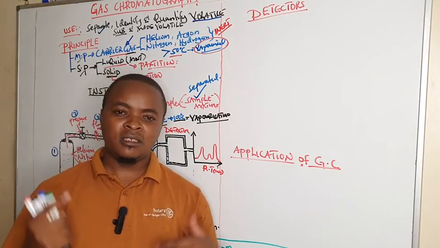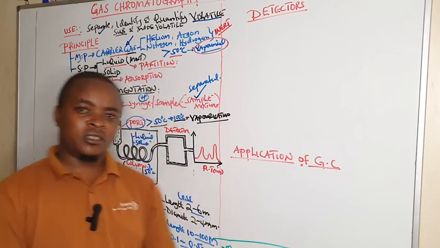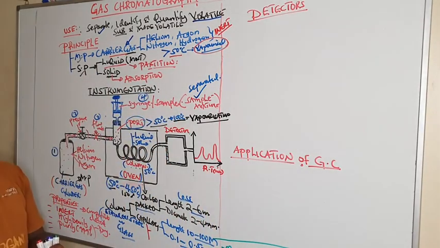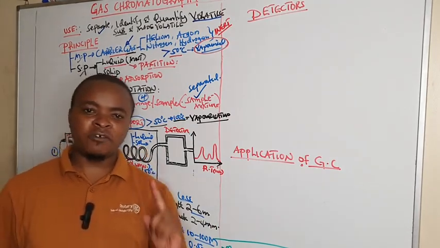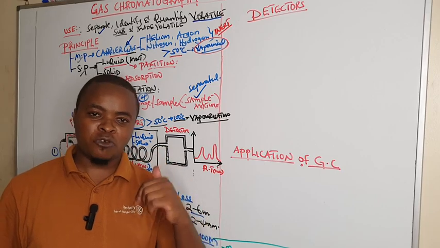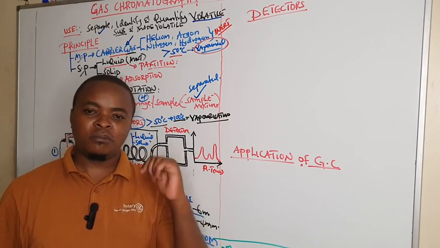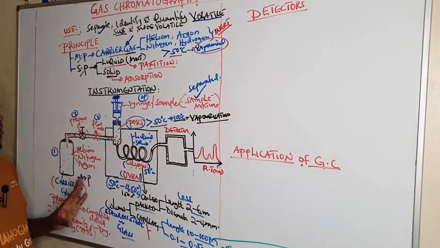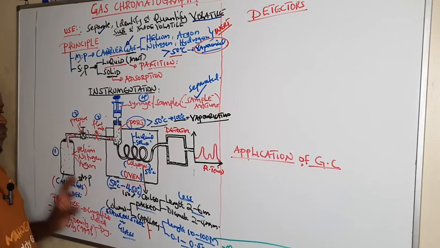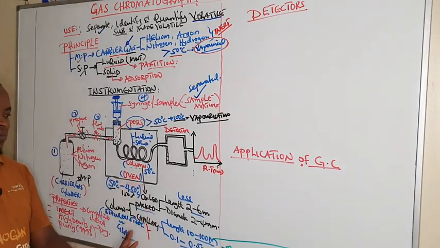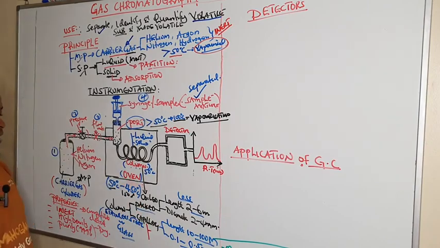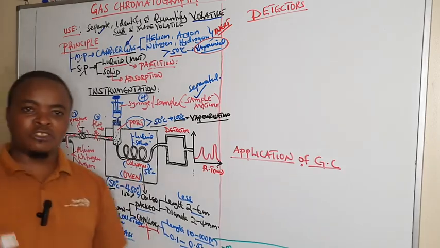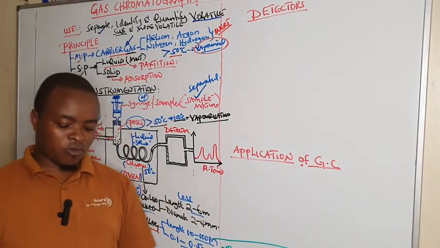And it should not contain oxygen. And the last one, which is very key, it should be highly pure, that is 99.9%. So those are the properties of the carrier gas. We have also seen the properties of the column and which one is the best. The best one we have said is capillary or open tube column, which is most commonly used.